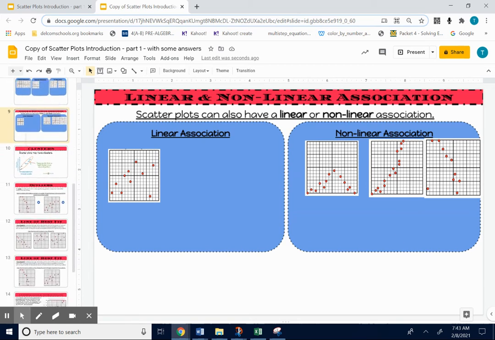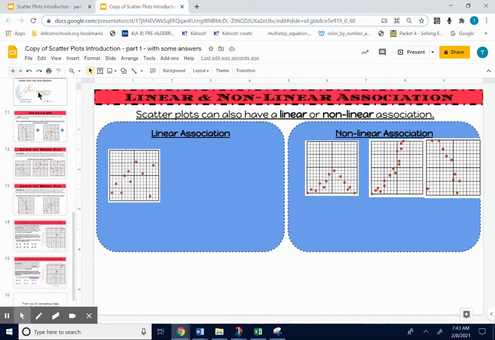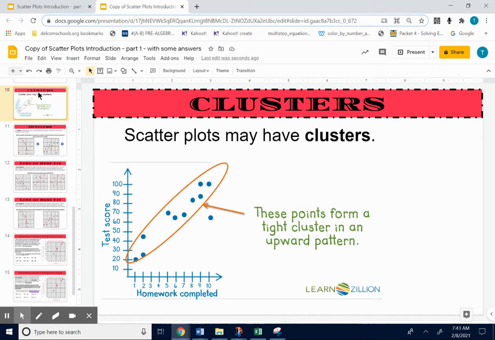Okay, a few definitions we want to look at. Slide 10. If you have a bunch of points gathered together, that's called a cluster. Sometimes you'll see this word. We're going to say that's a cluster of points.